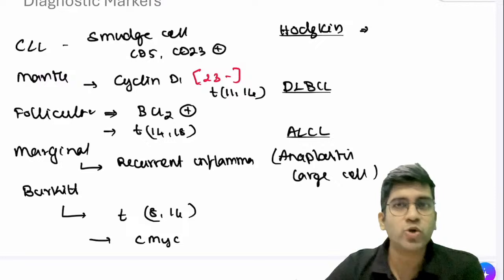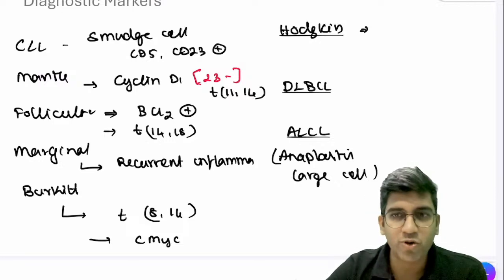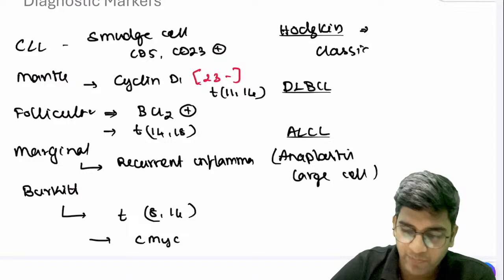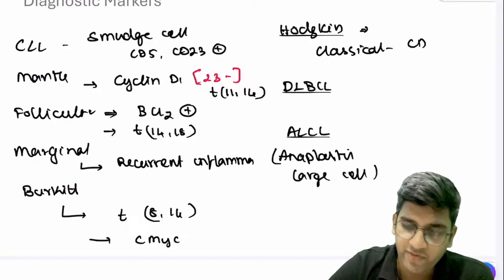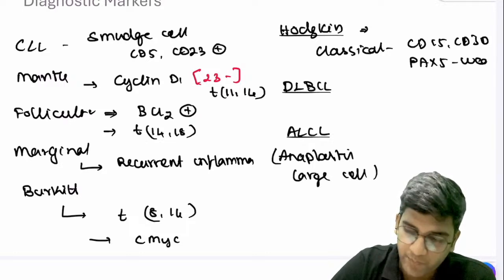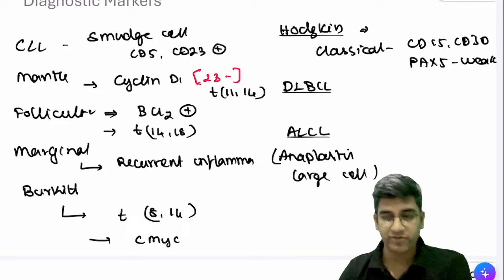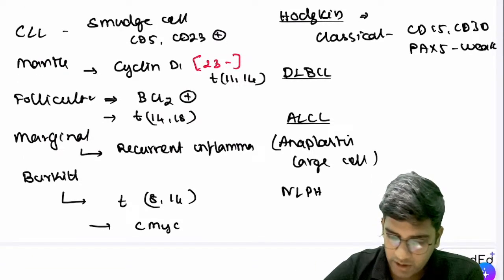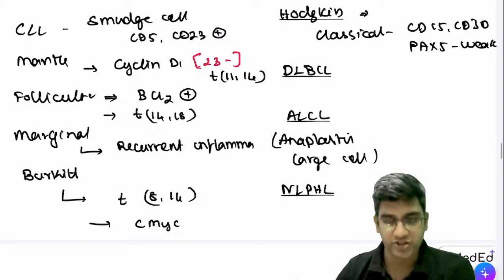Hodgkin's: I'm not going with the translocations. You know about Hodgkin's. We have classical Hodgkin's lymphoma, which will be CD15 positive, CD30 positive, and PAX5 is a marker which will be weakly positive. One more type of Hodgkin's lymphoma is NLPHL, nodular lymphocyte predominant Hodgkin's lymphoma.